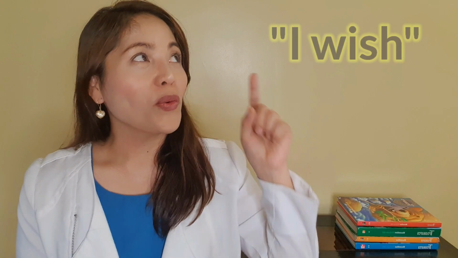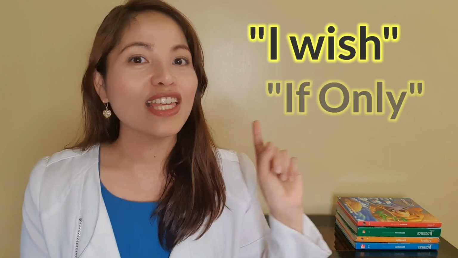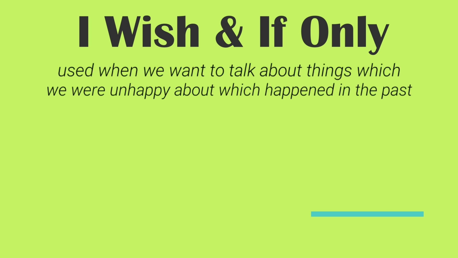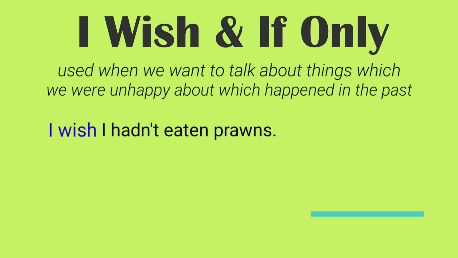To express regret in English, you may use many different structures. We're going to start with wish and if only. The expressions I wish and if only are used when you want to talk about things which you were unhappy about, which happened in the past. Let's look at these two examples.